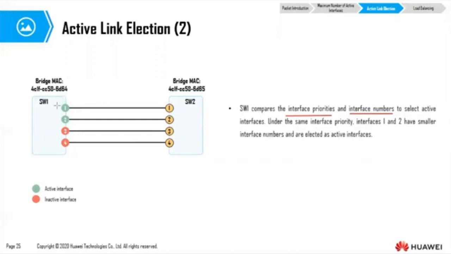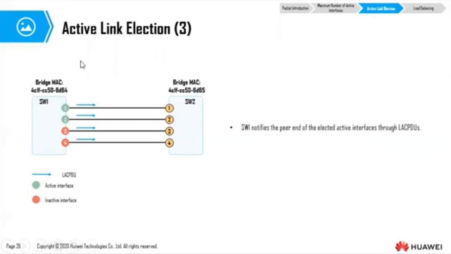So in this case, the interface priorities are the same. We've configured switch 1 and 2 to have a maximum of 2 active links. So it's going to select this one and this one, with 1 and 2, because they have lower numbers, as active interfaces. So that's how active interfaces are selected.